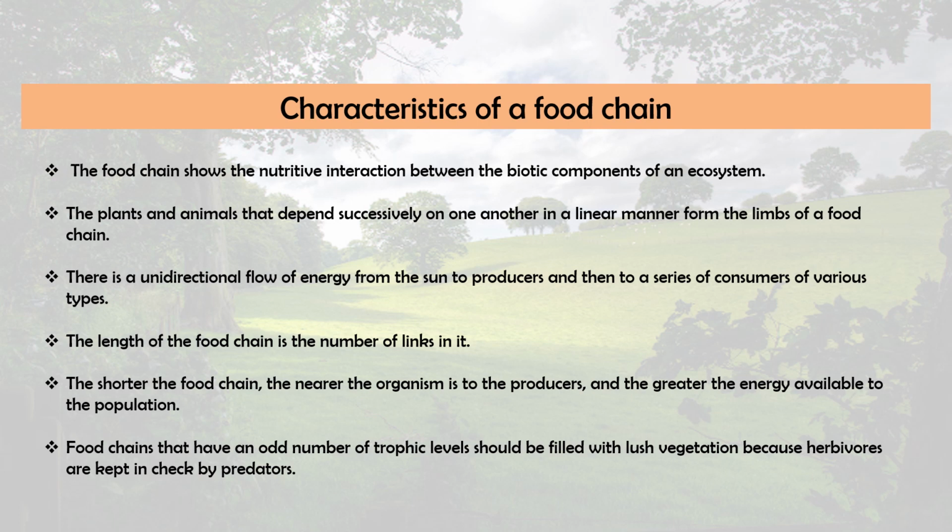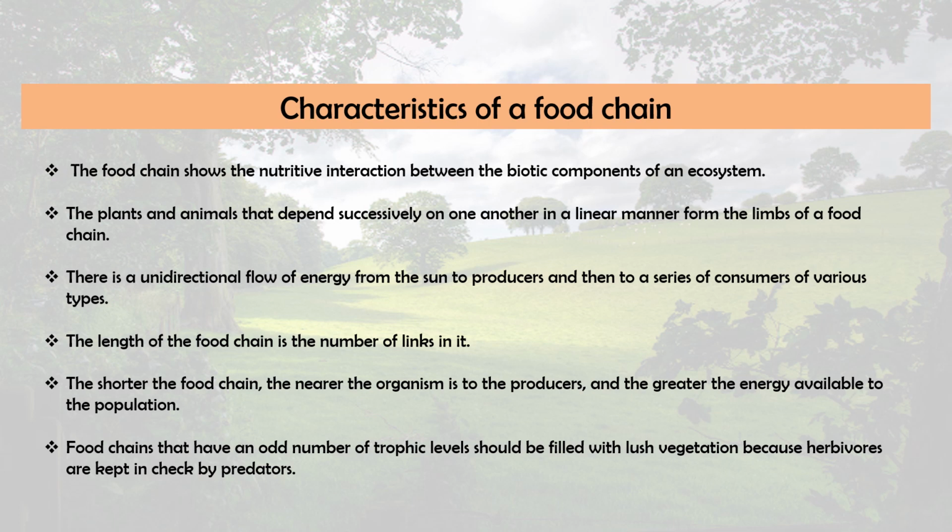So here we are going to know about a new word, that is link. The trophic links are actually the relation between the organisms at each trophic level. It means the relation between a producer and a primary consumer is one link, the first trophic link, and the relation between primary consumer and secondary consumer is the second trophic link.